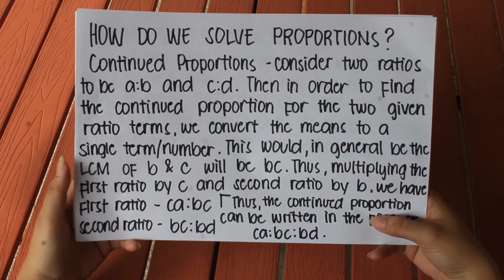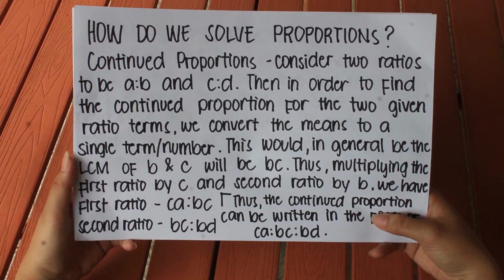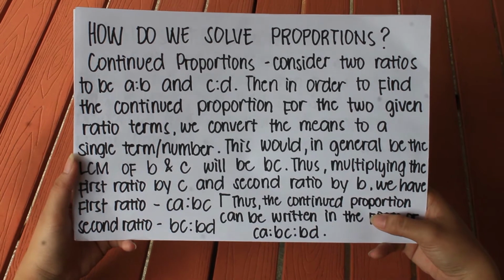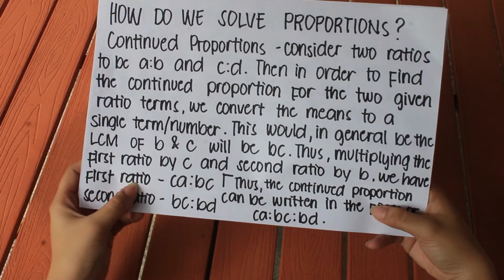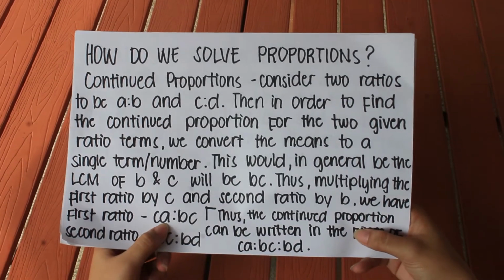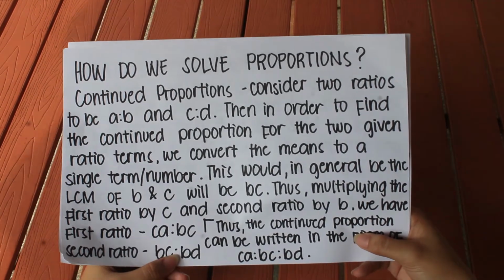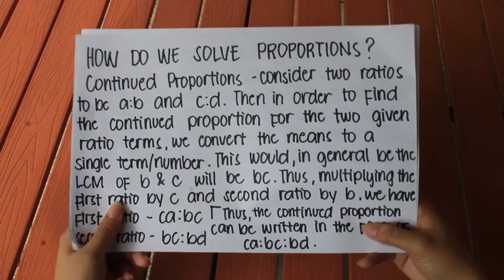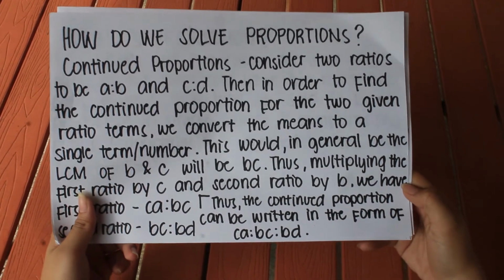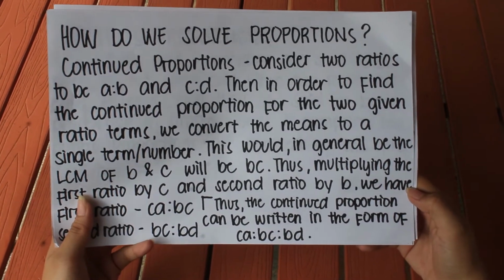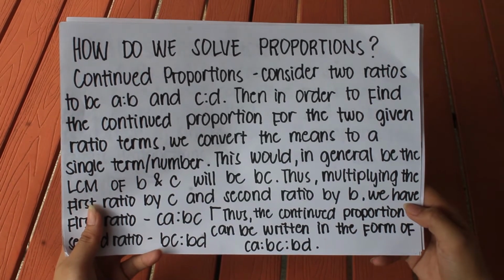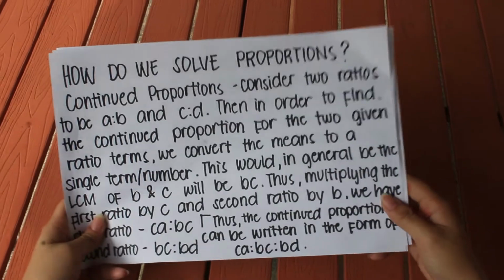Thus, multiplying the first ratio by C and the second ratio by B, we have first ratio CA over BC, second ratio BC to BD. Thus, continued proportion can be written in the form of CA to BC to BD.